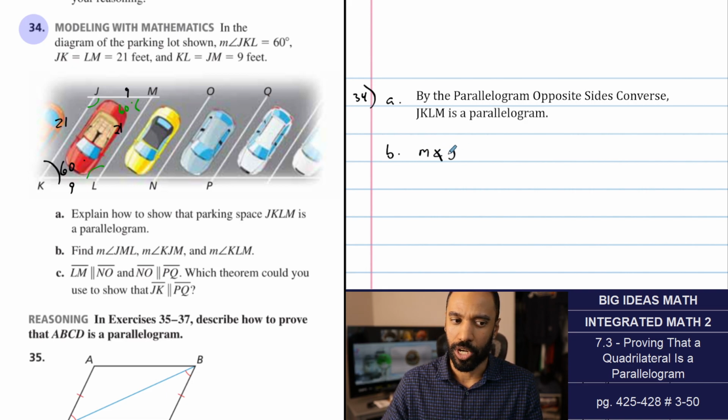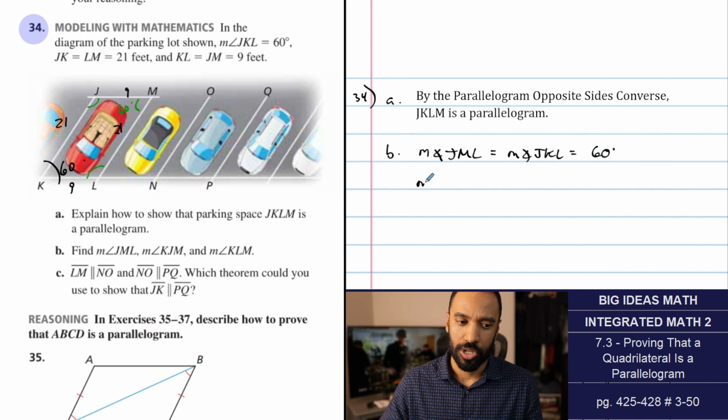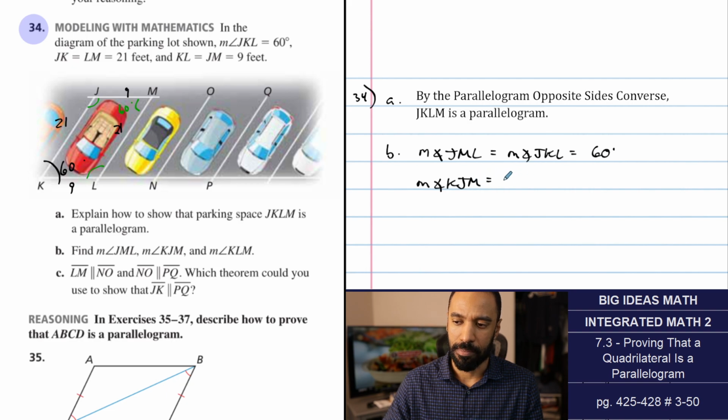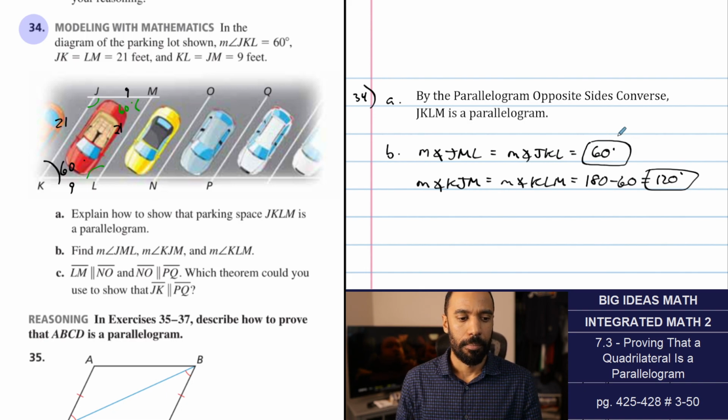Measure of angle JML is going to be the same as measure of angle JKL, which is going to be 60 degrees. Measure of angle KJM is going to be the same as measure of angle KLM. Both of those are going to be 180 minus 60, which is 120 degrees. So boom, boom.